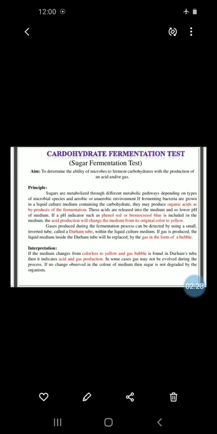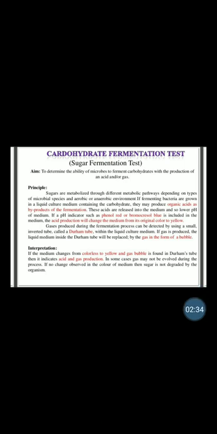Then the gases produced during the fermentation process can be detected by use of a small inverted tube, called a Durham tube.